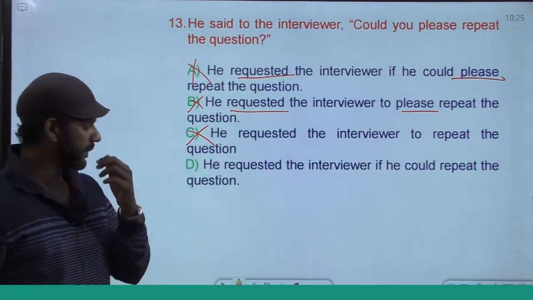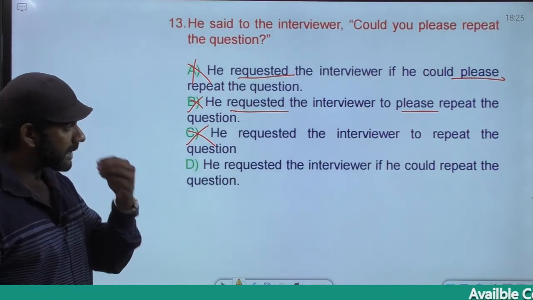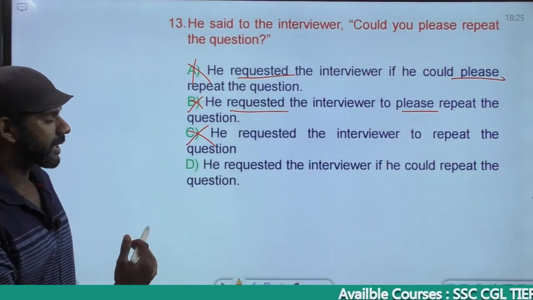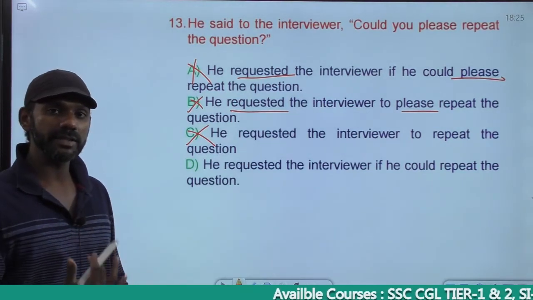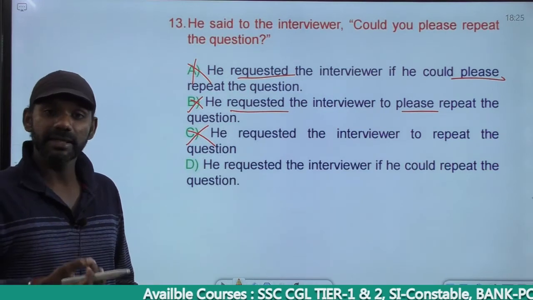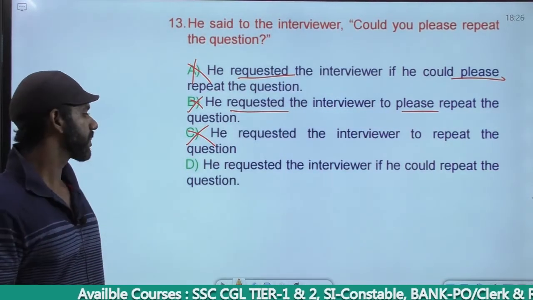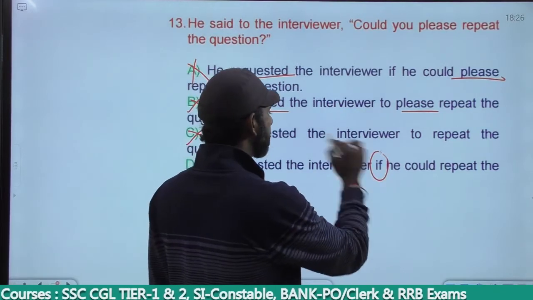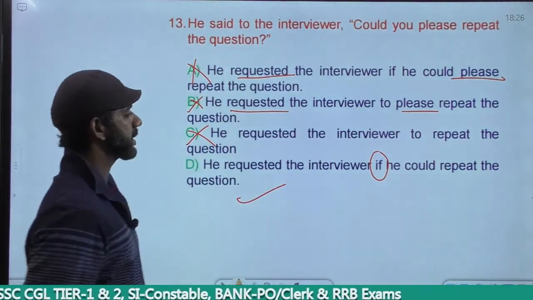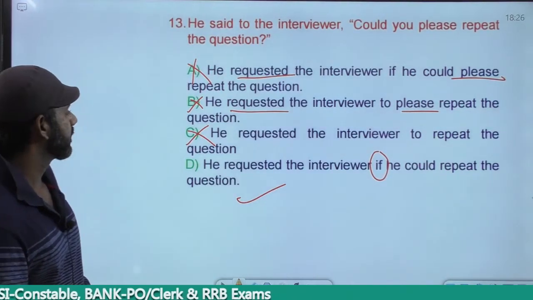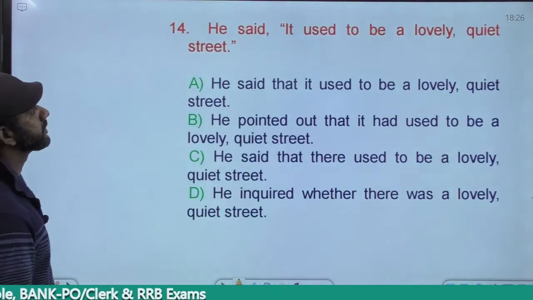Now come to option D. He requested the interviewer if he could repeat the question. Requested is fine. Requested to the interviewer is wrong. Because "could you please repeat the question?" is like a request in interrogative form. So, requested the interviewer if he could repeat the question is grammatically correct. Got it? Come to the next one.